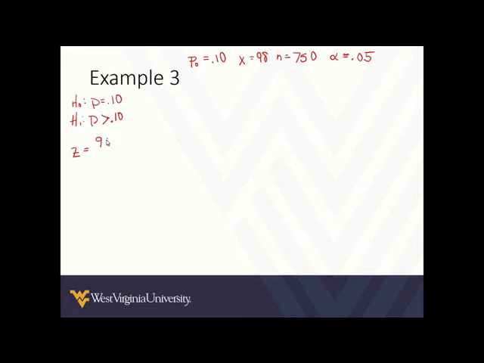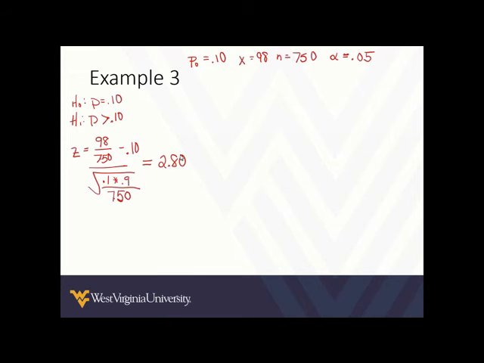This would be 98 over 750 minus our 10%, all over the square root of 0.1 times 0.9 over 750. And this is equivalent to about 2.80.